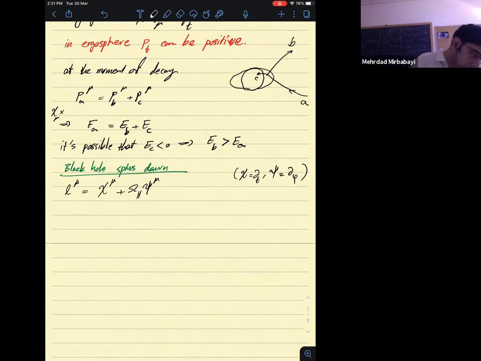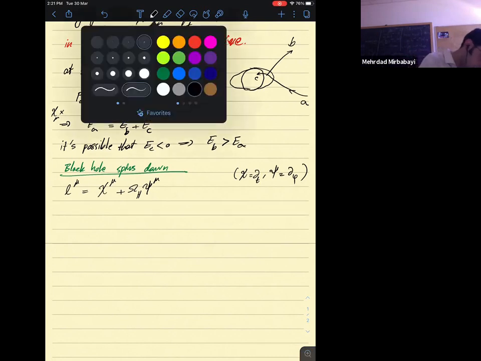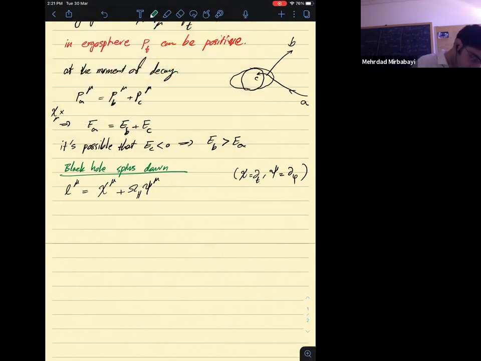So this is future pointing. These are future pointing null vectors at the horizon.